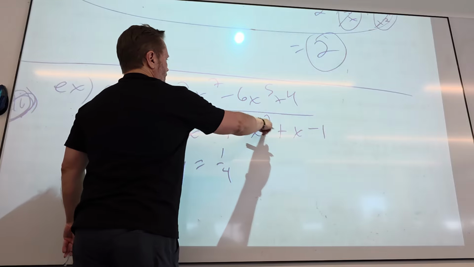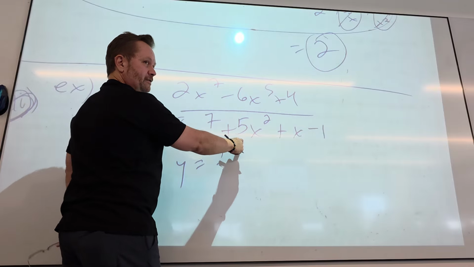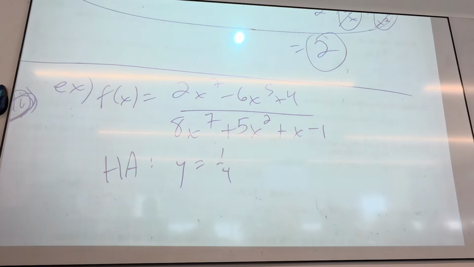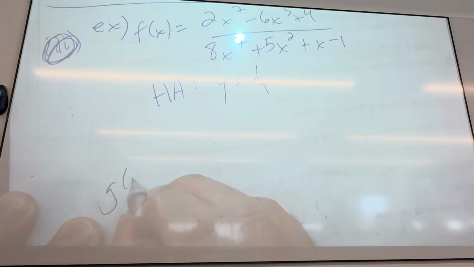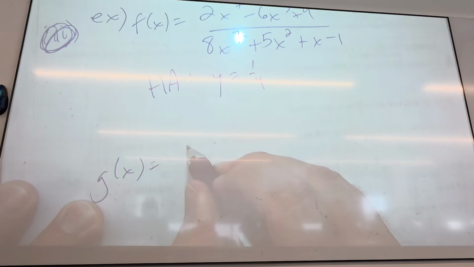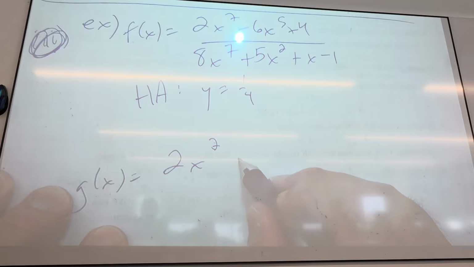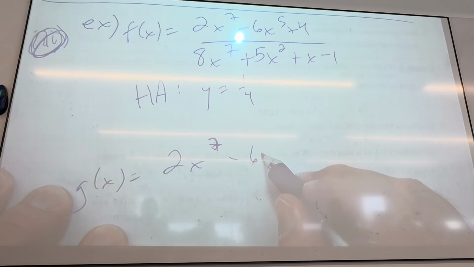What if they were equal but the leading coefficients were different? If that was an 8 and that was an 8, then 2/5. Okay, hold on. Do it again. If this one was 7, does anything on the top change?